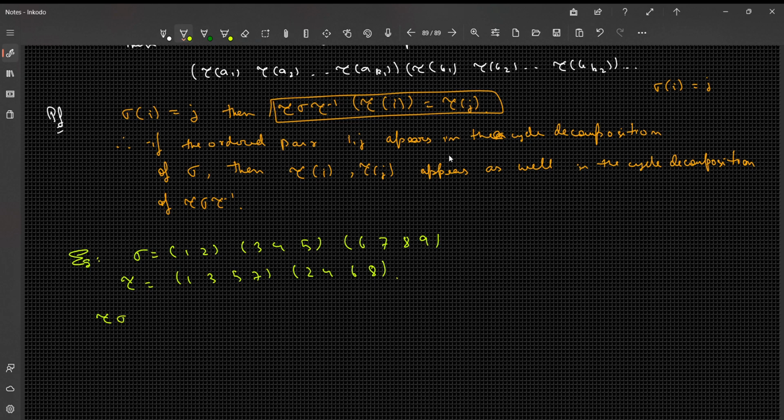Then you can obviously calculate what tau sigma tau inverse is, and that comes out to be 3, 4, 5, 6, 7, and 8, 1, 2. So you can obviously observe that the lengths of the cycles are correspondingly similar, right? Clear? Okay. And that was the exact proposition.